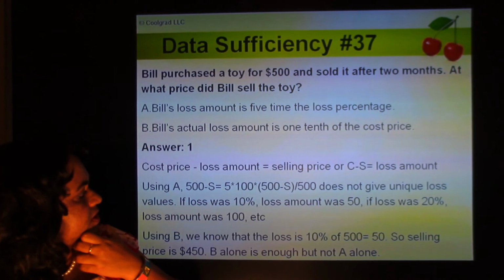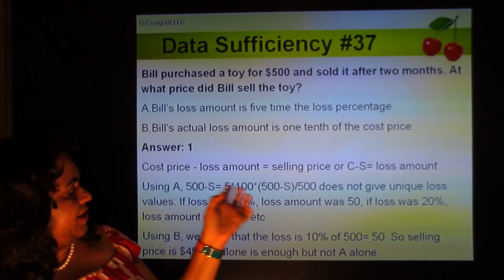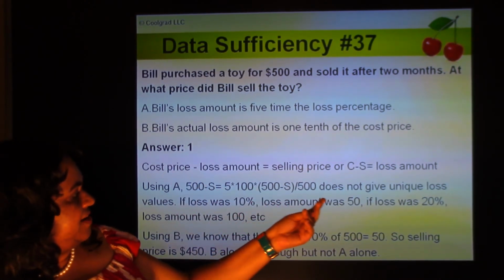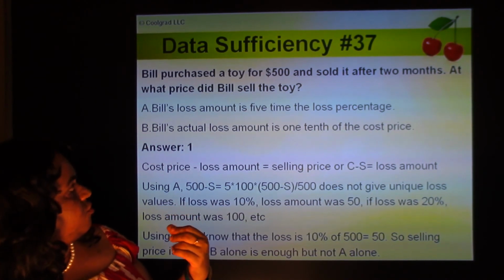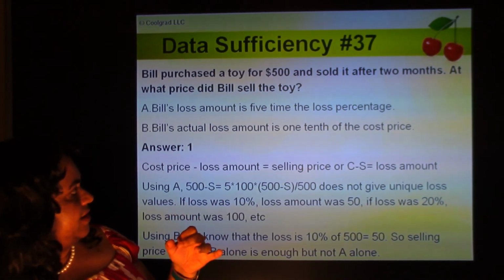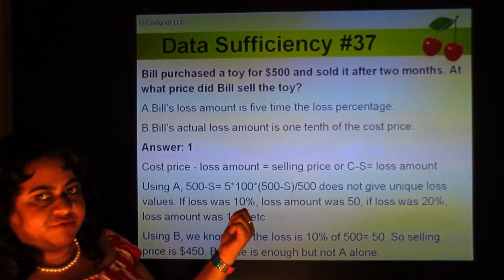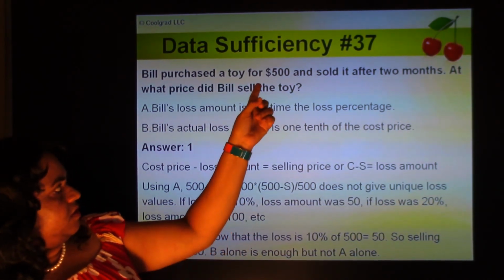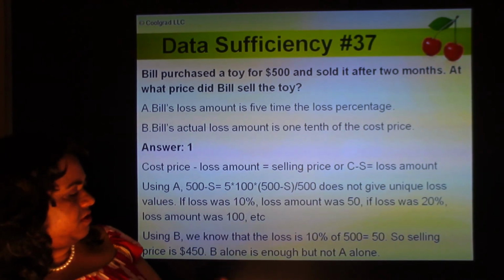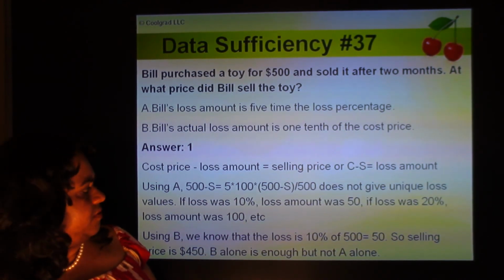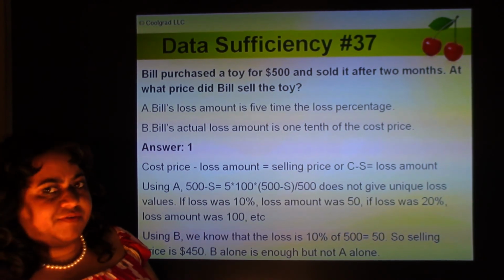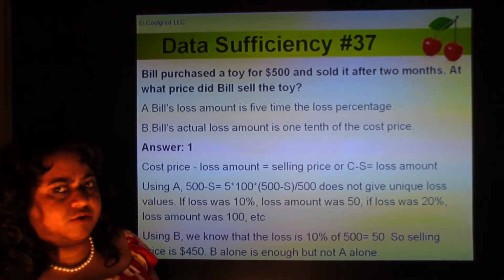If you just plug in the values here, it doesn't give a unique loss amount. Multiple values could satisfy this condition. If the loss was 10%, for example, so $500, 10% loss, what would be the loss amount? 10% of 500, which is $50.